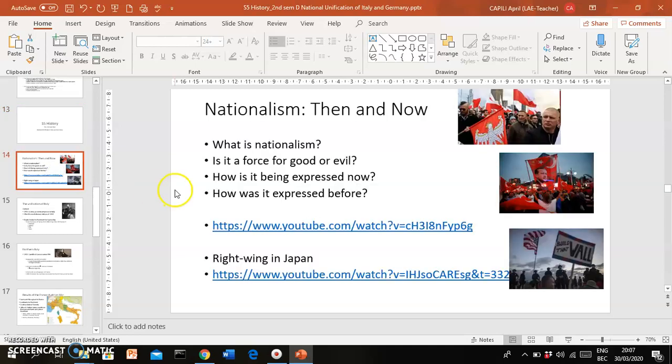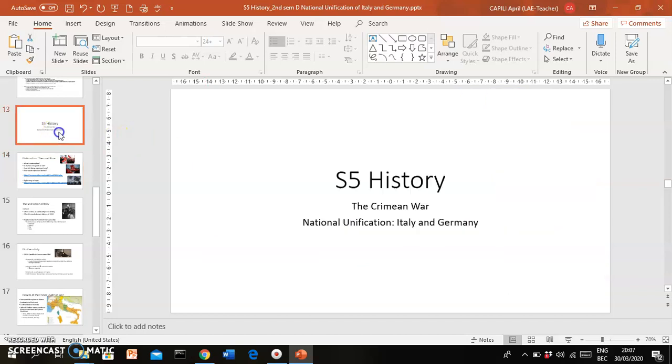If we were in a classroom, this is what I would do. Start a discussion about nationalism because, as you know, a force behind the effort to create their own nation states in Italy and Germany was nationalism.